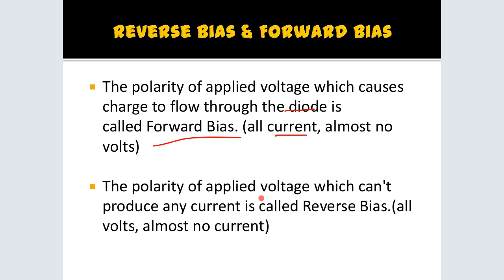In this process, the polarity of the applied voltage, that is the external voltage, will not give us current. It will give us current in a very small amount. We'll call it leakage current, reverse current, saturation current.